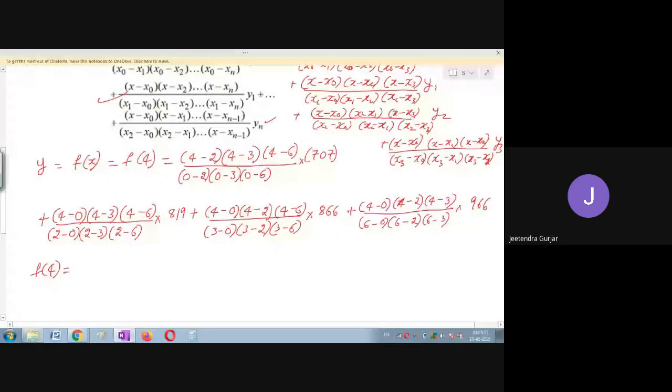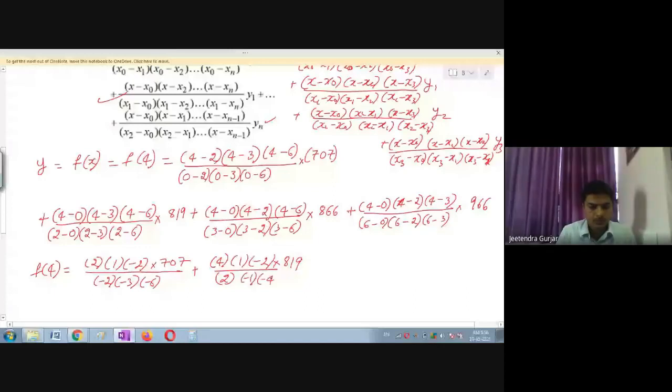So I'll just simplify this again. This is 2, 1, minus 2 into 707, divided by, you will get here minus 2, minus 3, minus 6, plus, yeah, this is 4, 1, minus 2, 819 divided by 2, minus 1, minus 4, plus 4, 2, minus 2, 866 divided by 3, 1, minus 3.